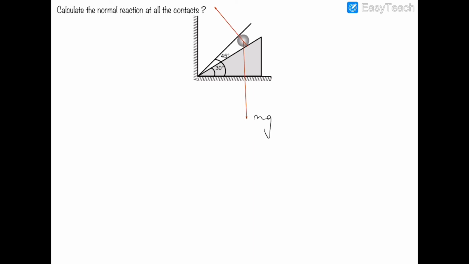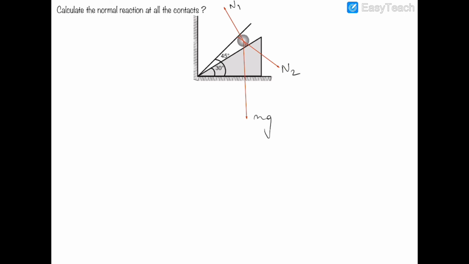Let's suppose this is N1, and the normal reaction of the second plane will be something like that. Let me correctly draw it. This is N1. The normal reaction of this plane will be like that. This is N2.